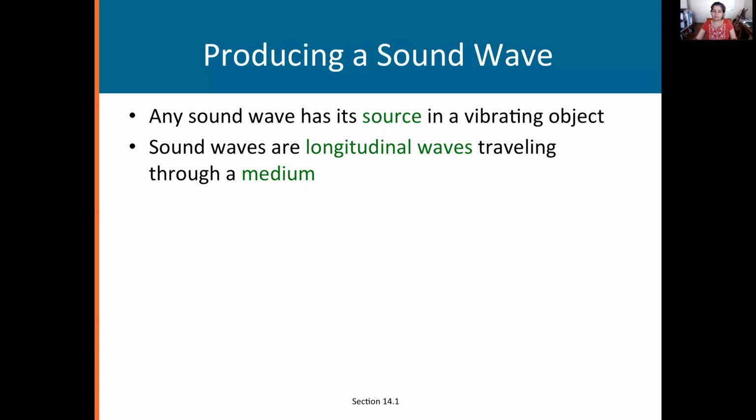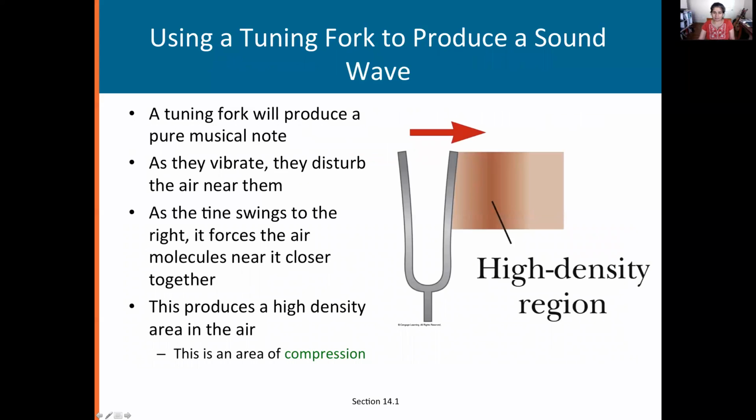So we need a medium such as air. So if you have vacuum and you have a source which is vibrating, you will not hear the sound. Okay, there's no sound produced because it cannot travel. There's no medium in which the disturbance can travel. So those longitudinal waves require that medium.